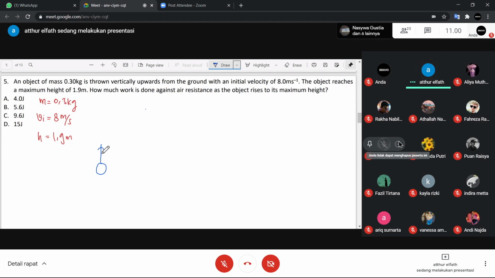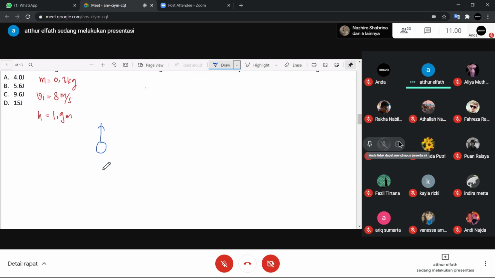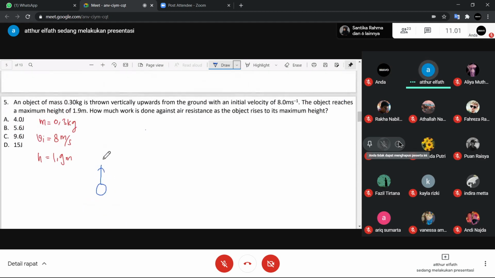Let's say this is the ground. There are two forces acting on this ball. What are those?